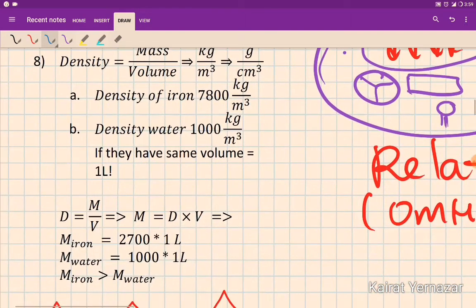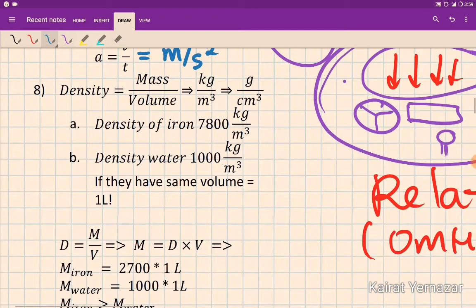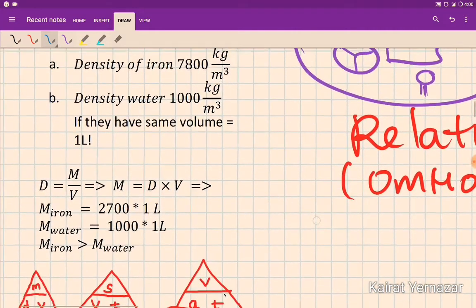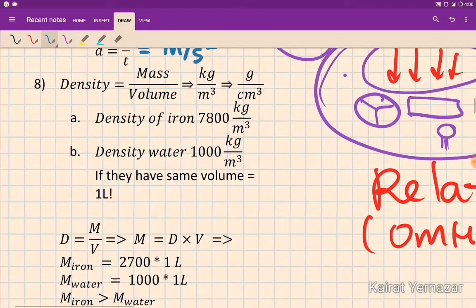Okay, so we know what density is. Density is mass over volume. It shows how much stuff is inside some volume. For example, density of iron, I'm just giving an example, is 7,800, and density of water is about 1,000.